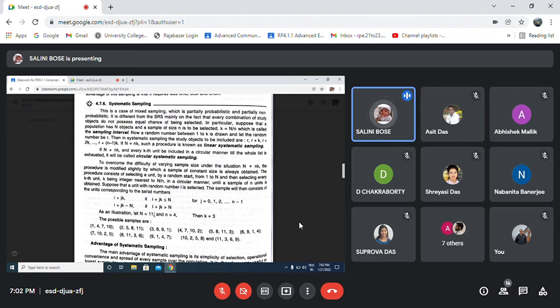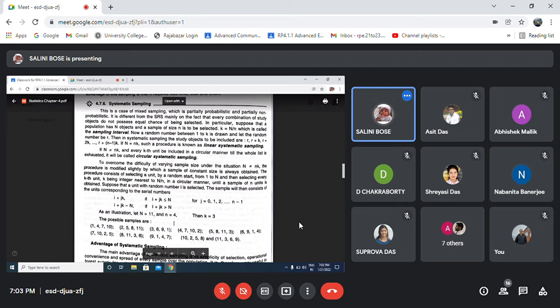Suppose you start with a random value 1. After 1, your next value should be r plus k, that is r plus 3. So first যদি 1 হয়, next value হবে 3 plus 1, 4. ঠিক আছে? তারপরে 4 এর পরে আবার প্লাস 3, তাহলে 7, 7 এর পরে আবার প্লাস 3, that is 10. তাহলে এটা size of 4, মানে এই স্যাম্পলটা আমার complete, because this sample has size 4.